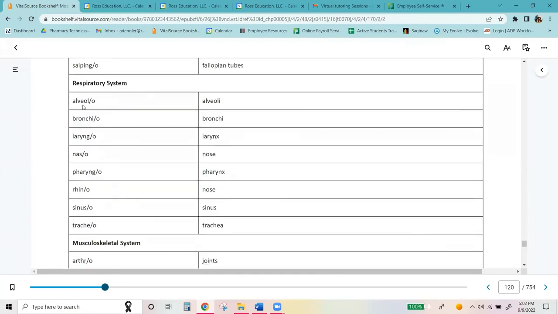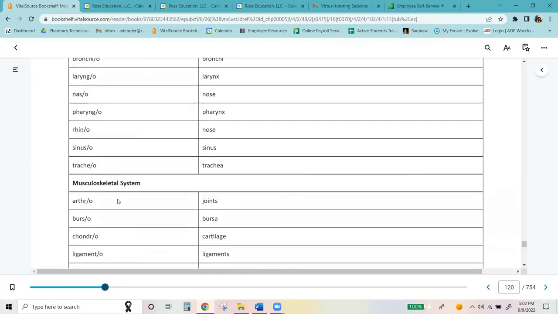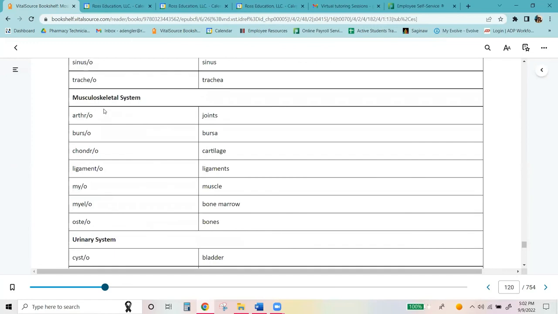Then we have these combining forms for the respiratory system and the musculoskeletal system. Here's a good example with our favorite itis. For me, that's a really good one that we use a lot in pharmacy, so I can always remember it. Arthritis, inflammation of the joints.